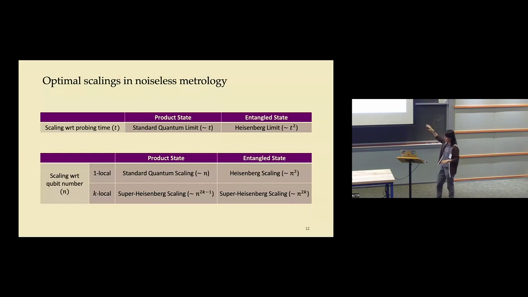In the second table, we have the product input and a local Hamiltonian, then the scaling would be standard quantum scaling, which is the situation where the Fisher information is proportional to n. And if we have an entangled state, then we can get to the Heisenberg scaling, n squared. In the situation where we are allowed to have a k-local Hamiltonian, then we are allowed to achieve the super-Heisenberg scaling. If you just put k equal to 1 here, we go back to the first row on the second table.